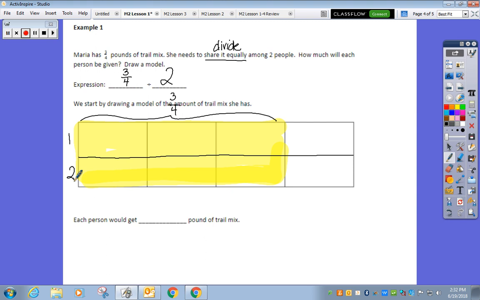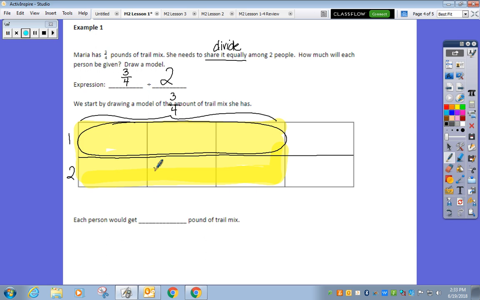Now it's asking for each person. What would each person get? How many pounds of trail mix? If you think that this is one person and this is a second person, what I like to do to show this is circle the number of shaded pieces. You can either circle it in just one of the rows, or in both if you choose.